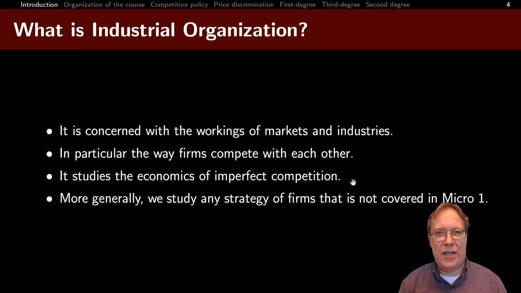So these are essentially just three ways to explain the same thing. And that implies that we study strategies of firms to the extent that is not offered in Micro 1. So we not only look at firms that set prices, but we also look at other possible strategies like R&D, advertising, forming cartels, you name it.